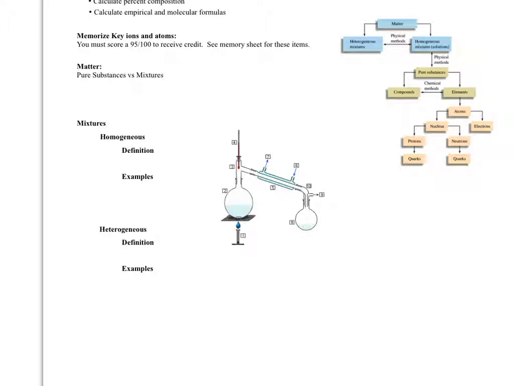So I want you to realize, although elements and compounds are pure substances, they are also homogeneous. All right? So going on to the next page, we talk about the difference between homogeneous and heterogeneous. Homogeneous means consistent throughout, as we just said, or the same throughout.